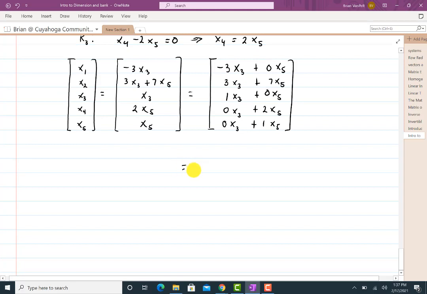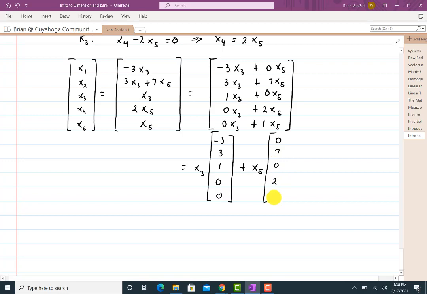That means I can break this up. Let me bring out my x3 times negative 3, 3, 1, 0, 0, plus x5 times 0, 7, 0, 2, 1.